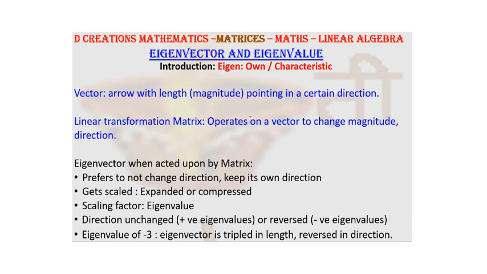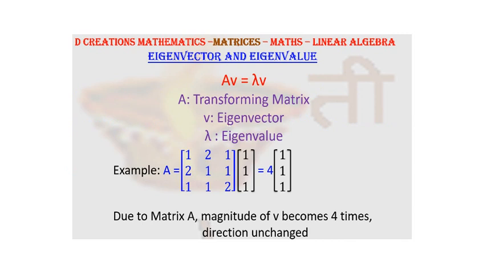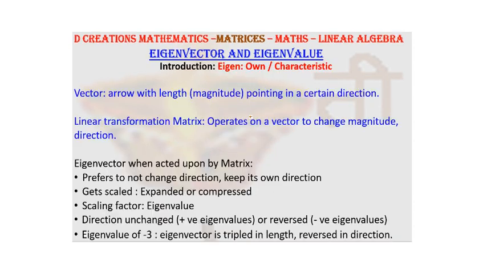So when this particular matrix, say A, acts on a vector V, you can maybe see it here. When a matrix A acts on a vector V, it doesn't change its direction. Instead, it just gets multiplied by a scaling factor. So it keeps its own direction.